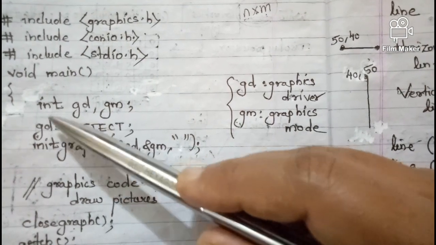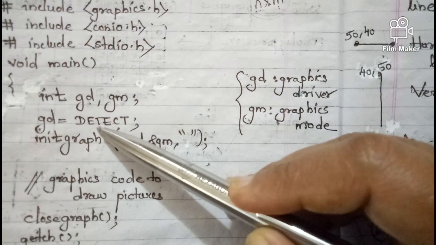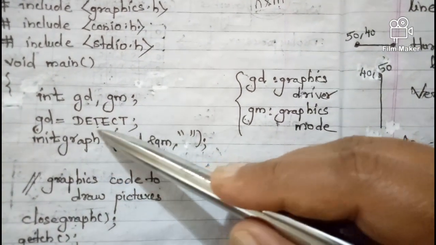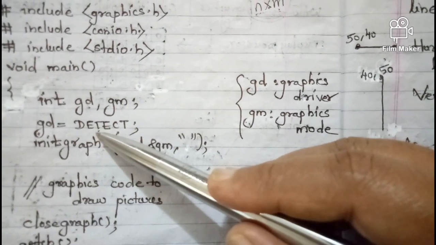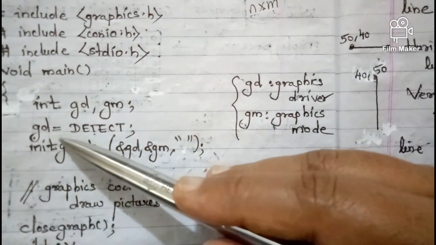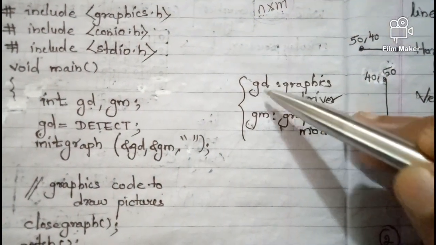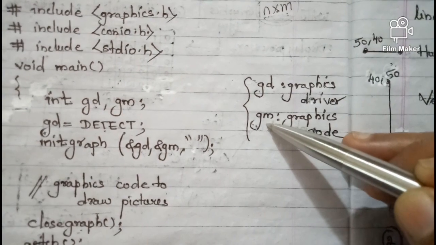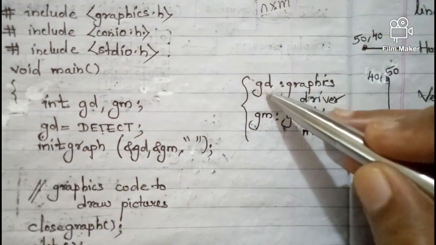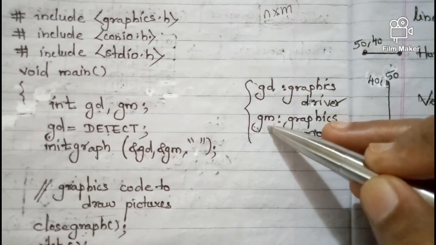After declaring it, the next statement is GD equal to DETECT. Now, this keyword is written in full capital letters. What does this mean? Every computer system has its own graphics driver and its own graphics mode. The programmer does not know anything about the computer's graphics driver and the graphics mode divisions.